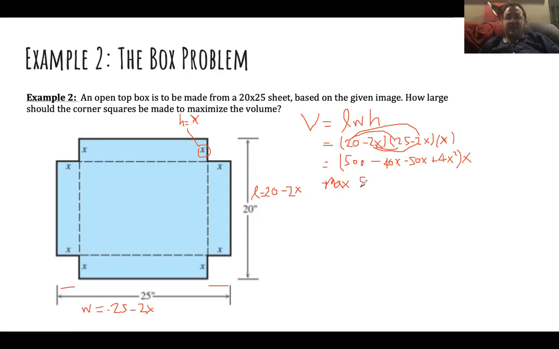Our goal is to maximize 500x minus 90x squared plus 4x cubed. That's our goal. So to do this, we're going to take our derivative and set it equal to 0.